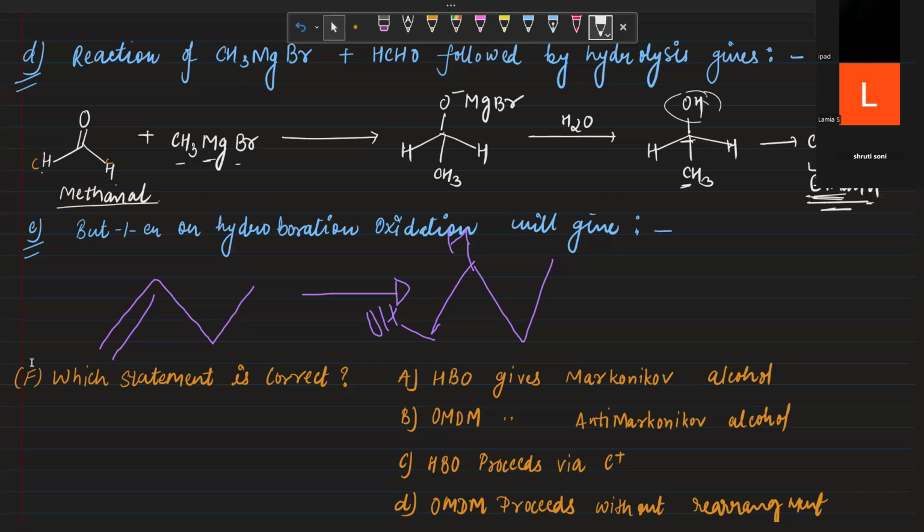Based on my notes, I have that oxymercuration-demercuration is Markovnikov, hydroboration is anti-Markovnikov. And we did a few examples, one or two.